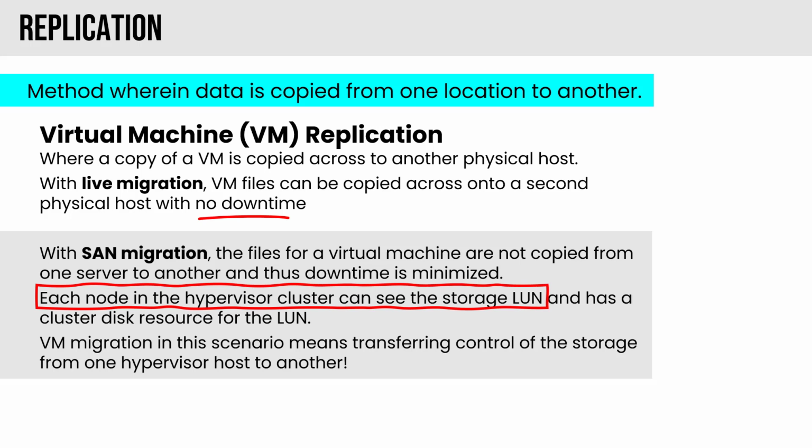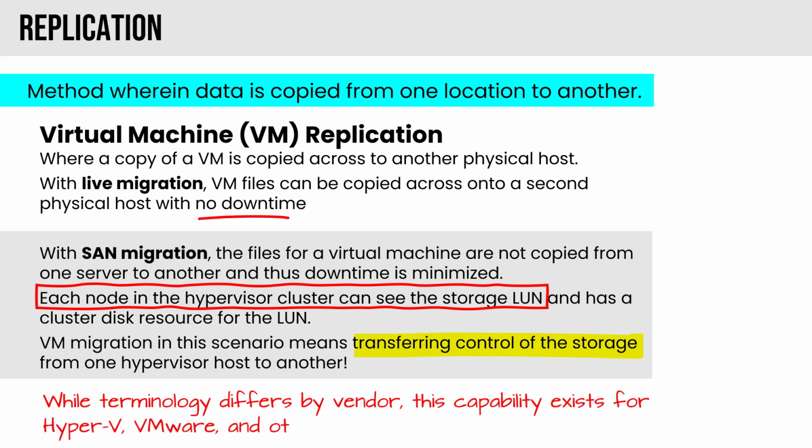A SAN, a storage area network, which we just talked about, is a common storage backend for a hypervisor cluster. And while the terminology differs slightly by vendor, this capability exists for Hyper-V and VMware and other popular Type 1 hypervisors. Really, Hyper-V and VMware tend to be the two primary games in town when it comes to Type 1 hypervisors.